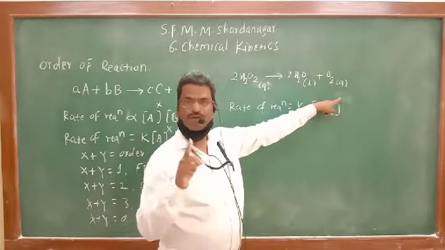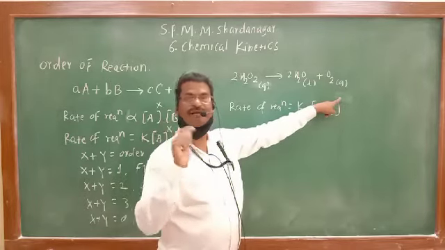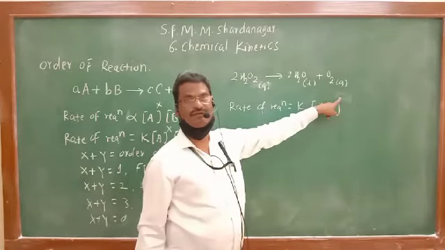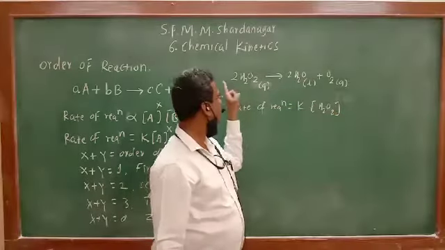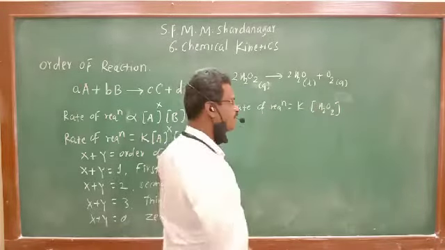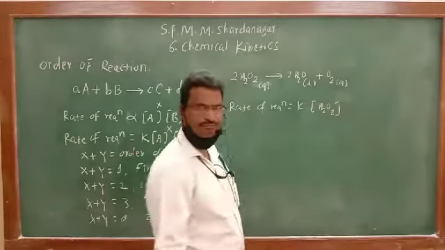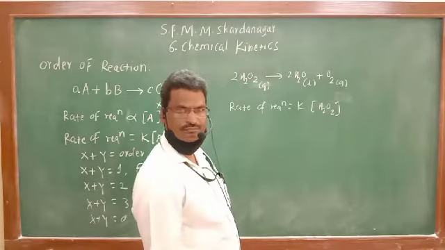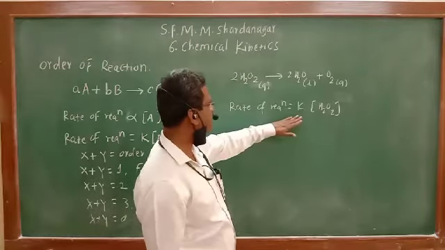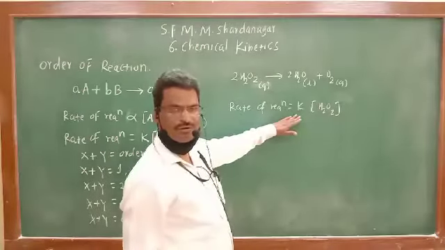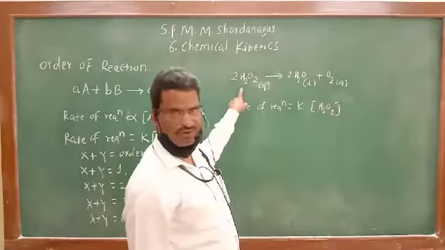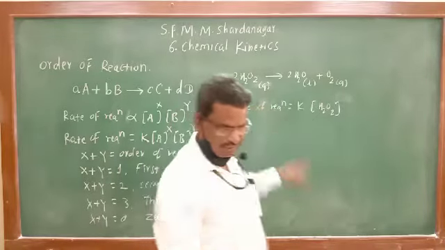And we know order of reaction is an experimental quantity. Therefore this 2 cannot be written here. Experimentally it is observed that here it is 1. So it is a first order reaction and depends on the first power of the concentration of hydrogen peroxide. This is not a second order reaction.